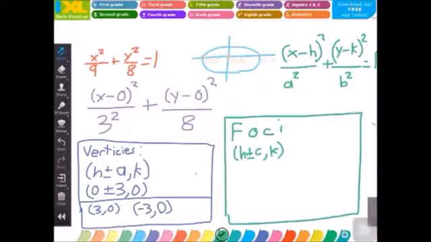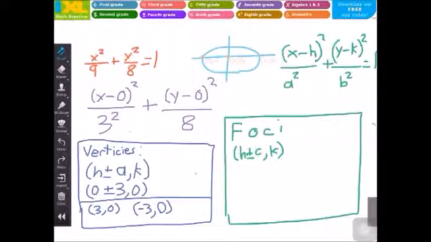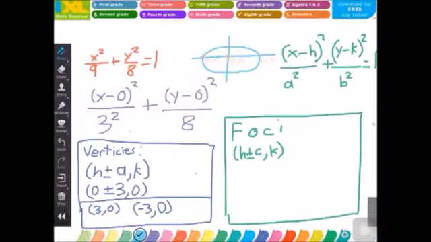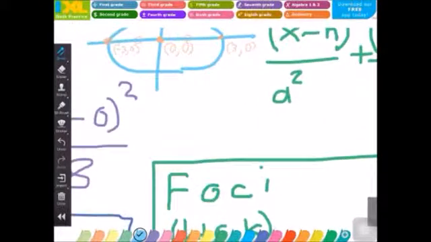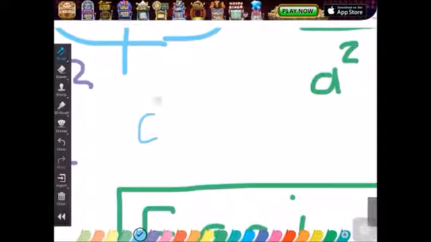Now, if we look at our equation all the way up here, we don't see anything about a c value, and that's because we have to find it ourselves. The c value has a nice little equation that makes it very easy to find. It may look familiar because it looks a lot like the Pythagorean theorem, except we're not dealing with triangles, and this works with ellipses but it won't work with hyperbolas, so don't get too confused.